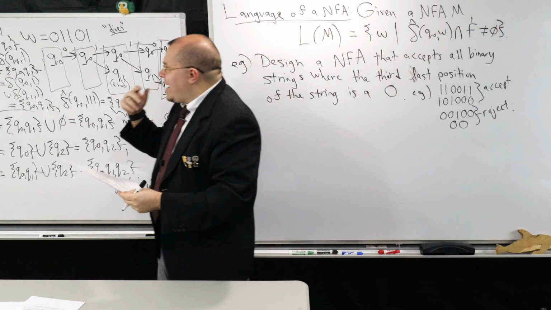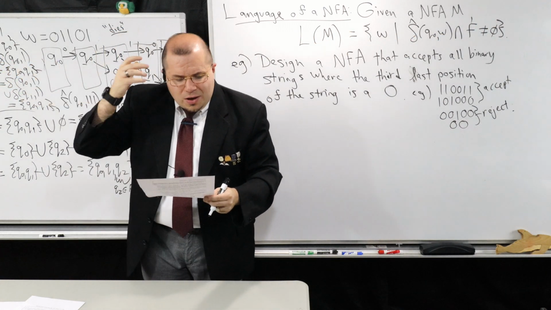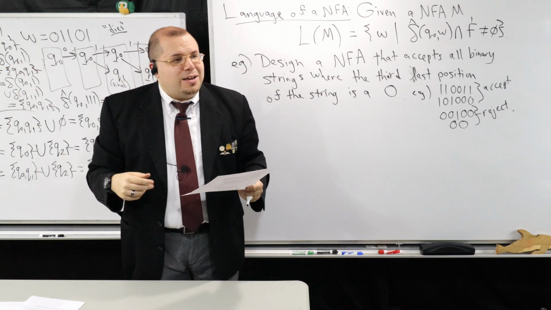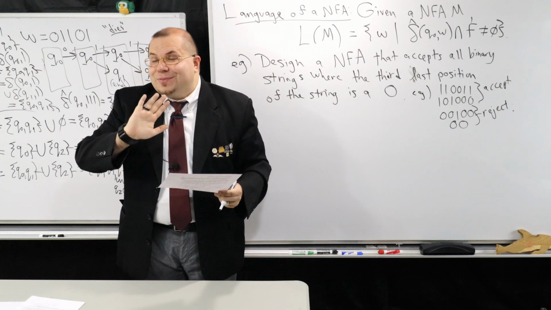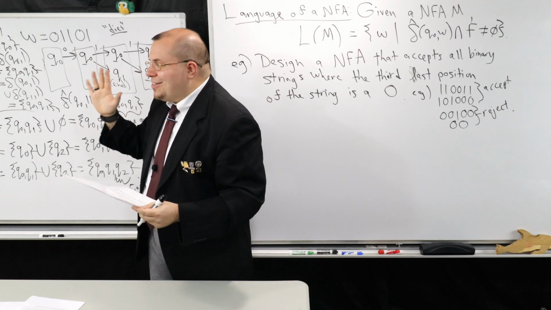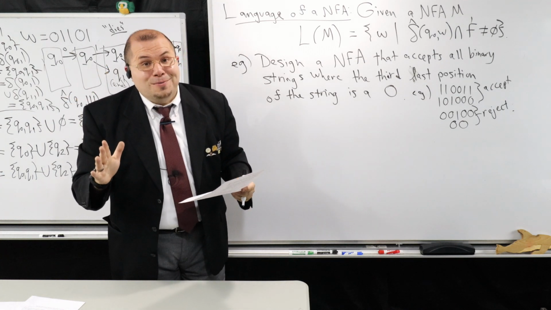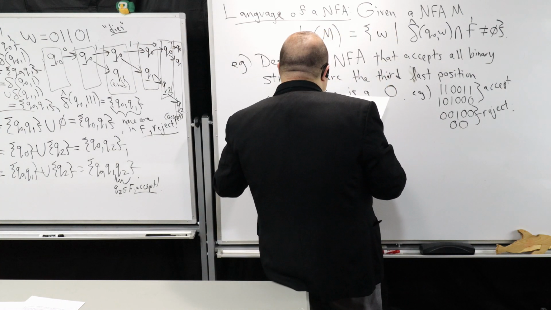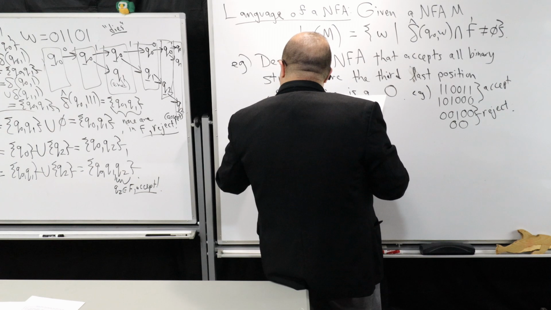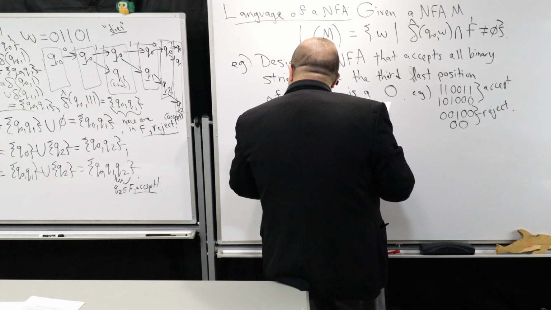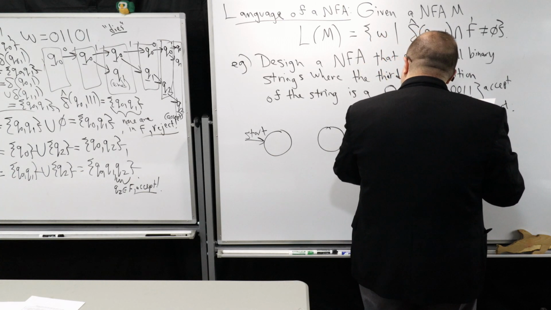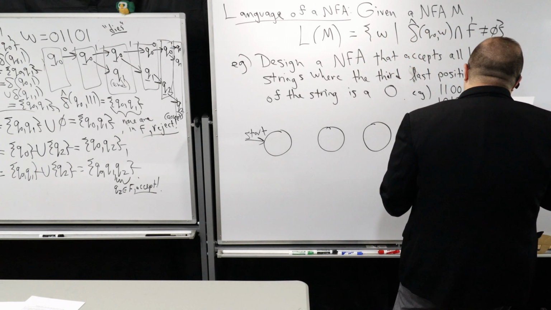Now, I want to take the idea I had over here, where if you take a look at my NFA on this side, I gated off the strings from reaching the final state by imposing a 0. I'm going to try to take that idea and extend it. So I'm going to create a chain. It's going to remind you a little bit of when we did the substring example, because it's essentially the same kind of trick.